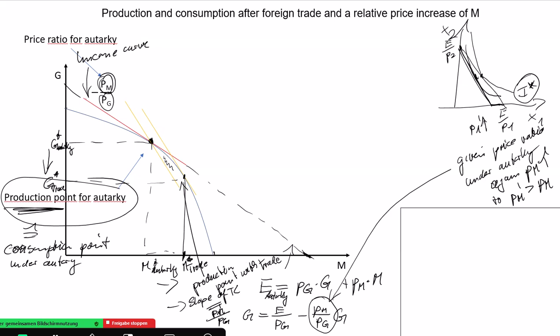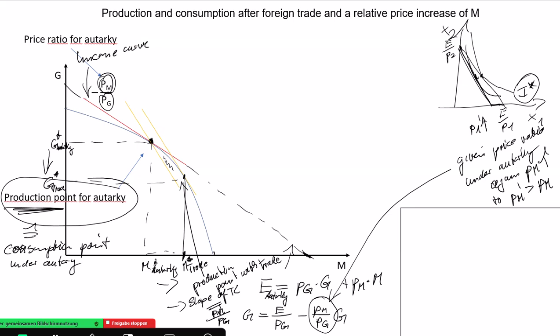But now I have opened for the world market. Now I can take this interpretation that the yellow line is now representing income. Now I'm participating in international trade, so everybody can not only sell at the world market, everybody can now also buy at the world market.